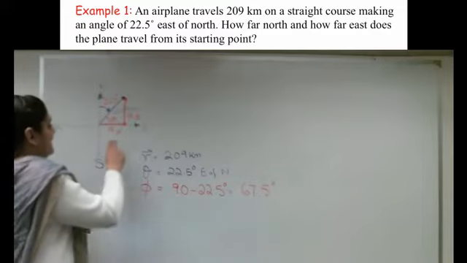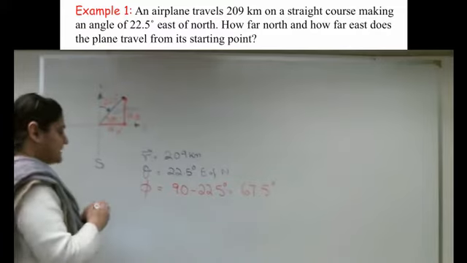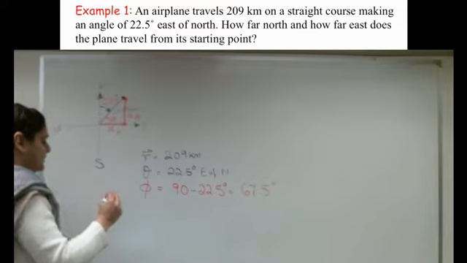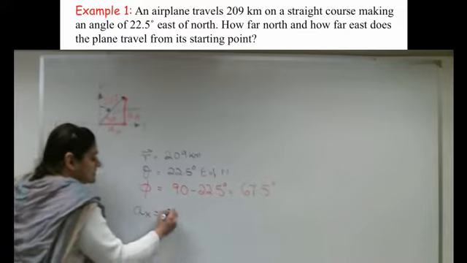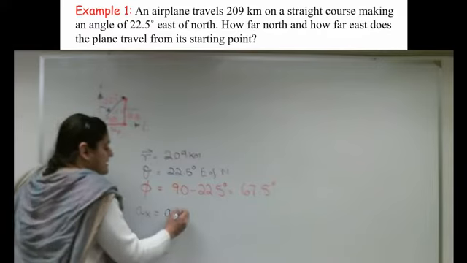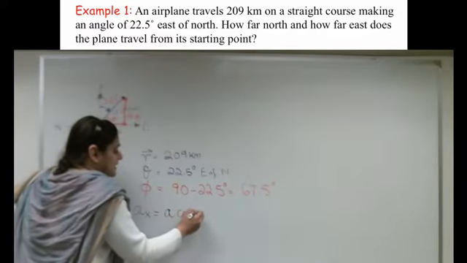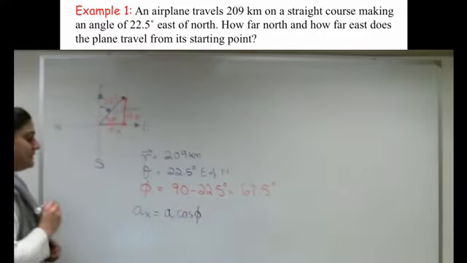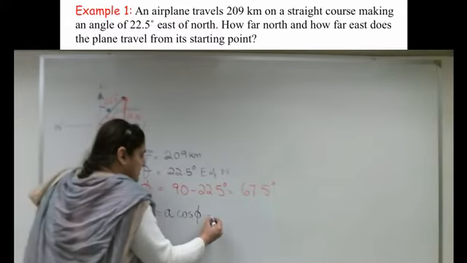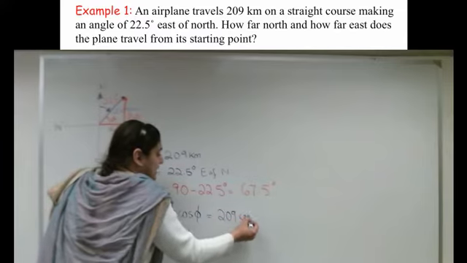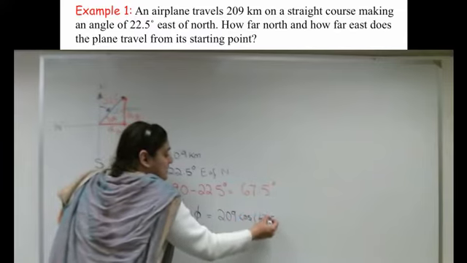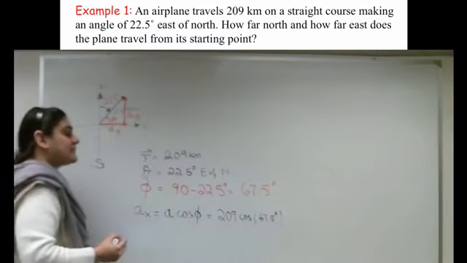Now, how do I find AX and AY? Well, it's not as hard as you think. AX, we defined to be equal to the vector A times cosine of phi. That means I can put in 209 cosine of 67.5 degrees.